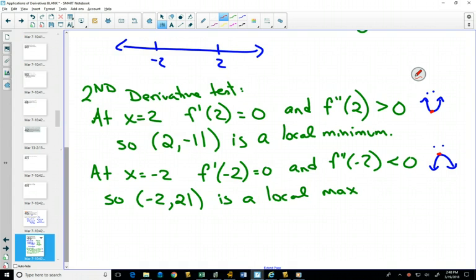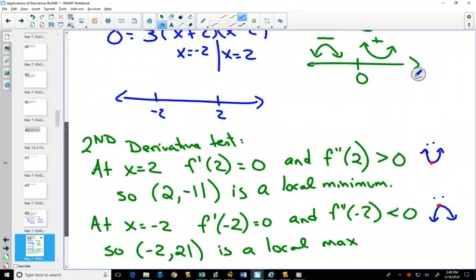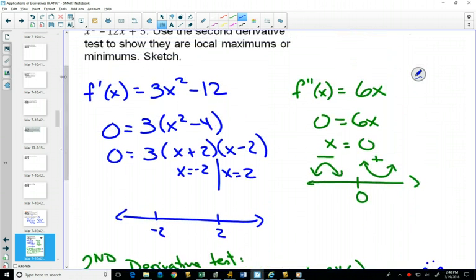In a lot of ways, the second derivative is a really quick way to find out if something's a maximum or a minimum. But what we're going to do naturally is find the first derivative, find our critical points, and before you go on to your second derivative, you're going to plug a value in less than -2.